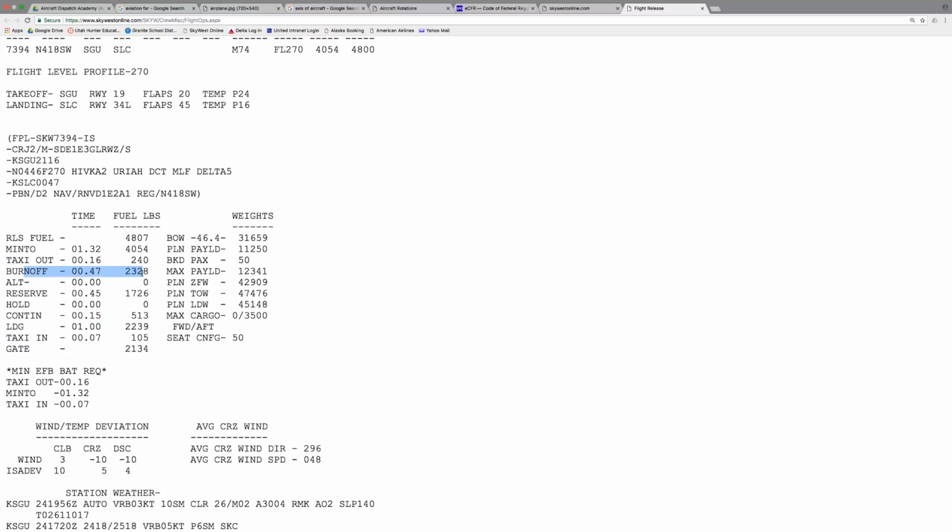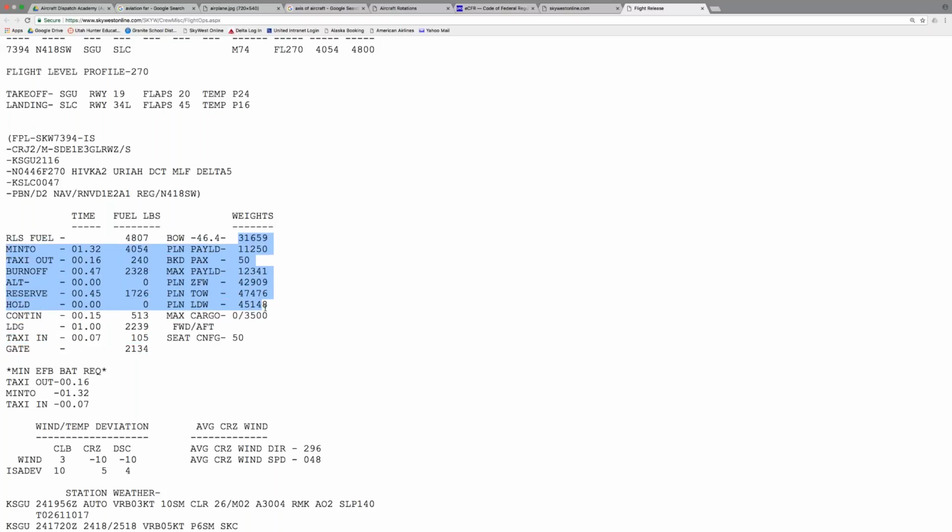This is how much fuel we plan for them to burn en route. If there was an alternate planned, there would be fuel there: reserve fuel, hold fuel, contingency fuel, landing fuel. This is what they're supposed to have on board when they land at the airport. And then how much fuel we plan for them to taxi in with.